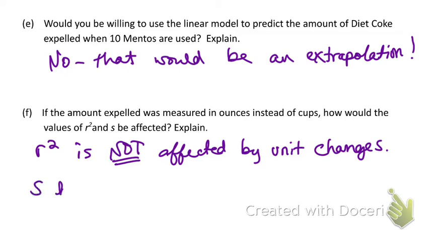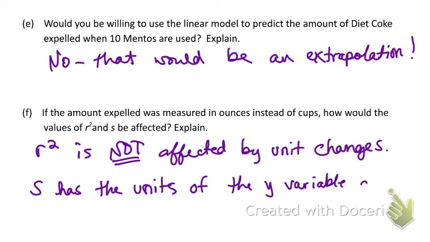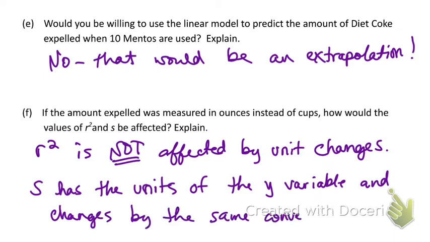So S has the units of the Y variable and changes by the same conversion factor. So for that one, I would just multiply S by 8, and I would get how many ounces that would be.